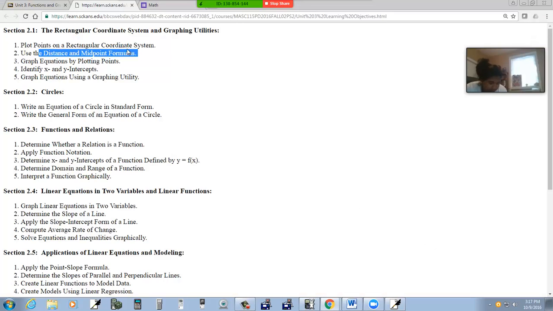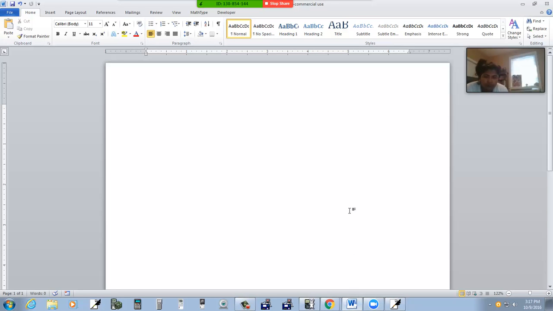Okay, so we showed plotting points, distance, midpoint formulas. We graphed equations about plotting points. Now it says identify x and y-intercepts. If they mean the graph, all they want you to do is look at the graph, and your x-intercept is where it crosses the x-axis, and your y-intercept is where it crosses the y-axis. Let me make this a little bit bigger.